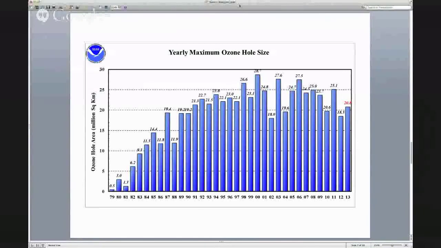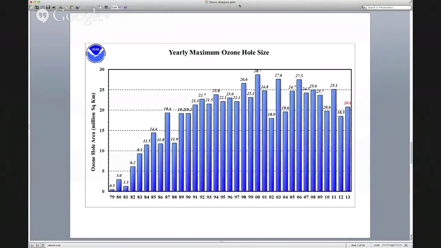And then the last 2 years, 2012 and 2013, are rather on the small side of ozone holes in recent years, and that's primarily due to the warm temperatures in the polar region.